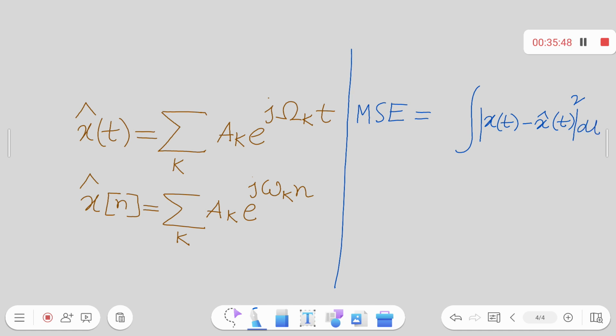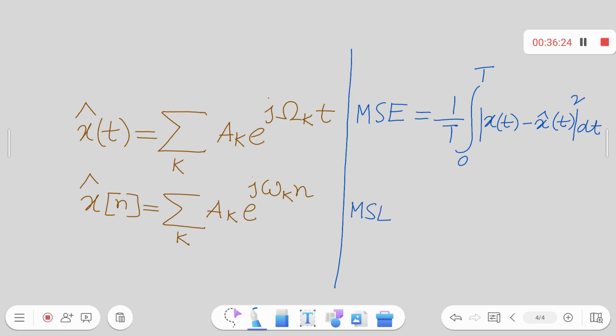That means integrate over all t from minus to plus infinity, sorry, it should not be from minus to plus infinity because the signal under consideration is periodic. So it will be over a period, 0 to T, and 1 by T. Had this been an aperiodic signal, then you would go from minus to plus infinity. Since it's a periodic signal, you have to consider only one period. So 1 by T, integration 0 to T, mod x of t minus x cap of t, whole square dt. This is the case for the continuous time signal.